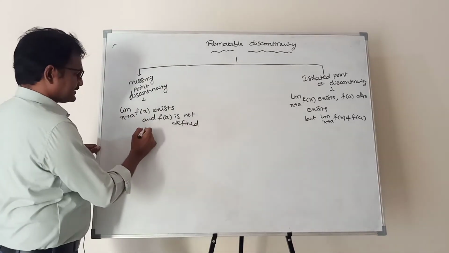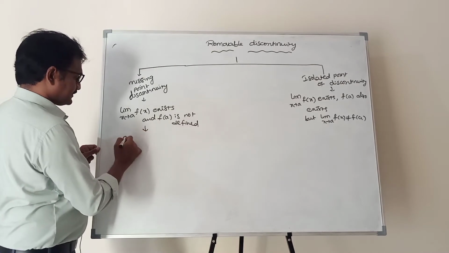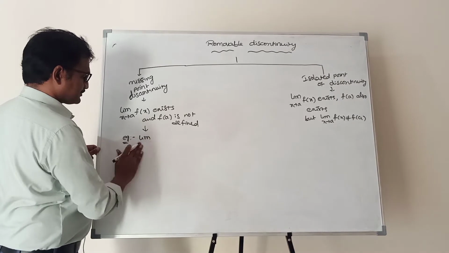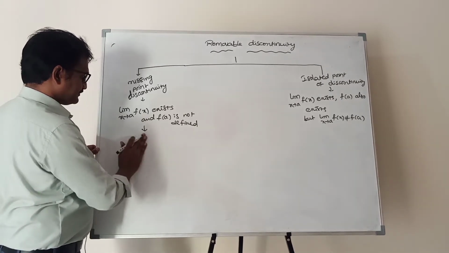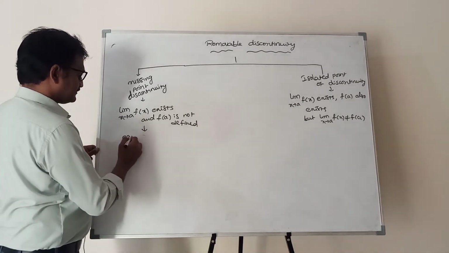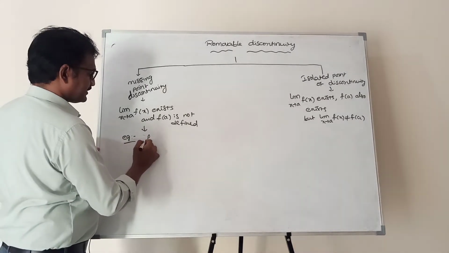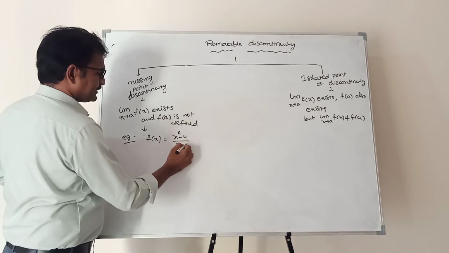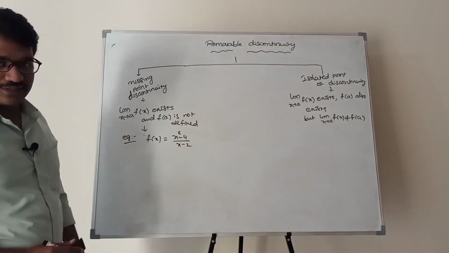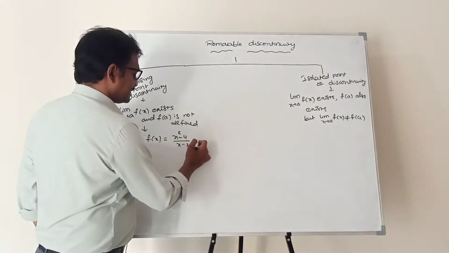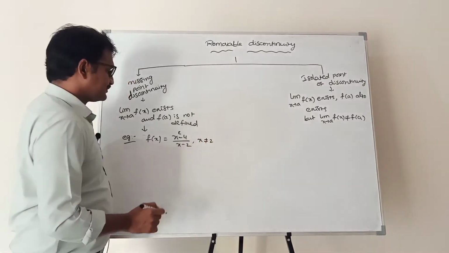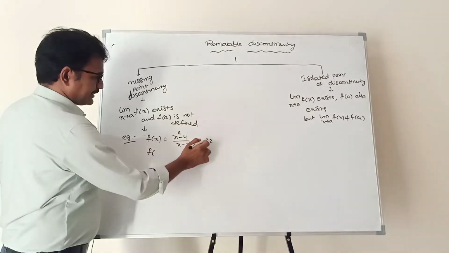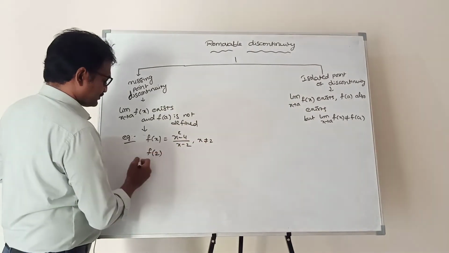Here I am taking an example. Suppose you take the function f of x equal to x square minus 4 by x minus 2, where x not equal to 2. What is the f of a value? I am taking a as 2.